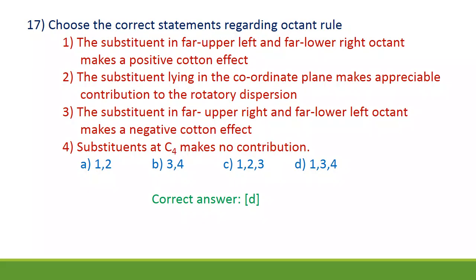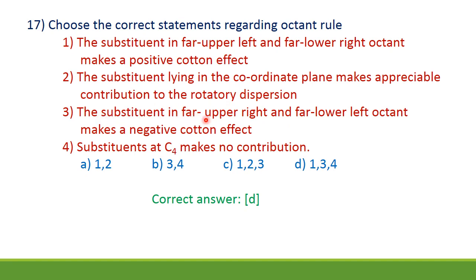Question number 17. Choose the correct statement regarding octant rule. 1. The substituent in far upper left and far lower right octants makes a positive Cotton effect, which is correct. 2. The substituent lying in the coordinate plane makes appreciable contribution to the rotatory dispersion, which is wrong. 3.